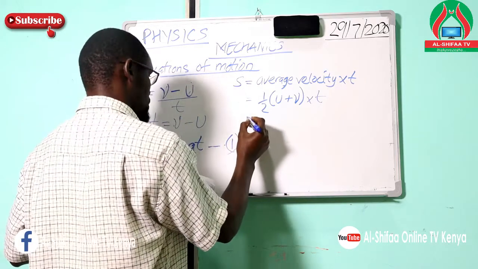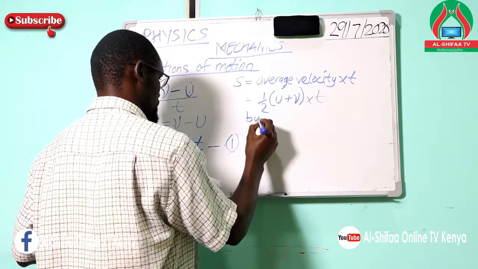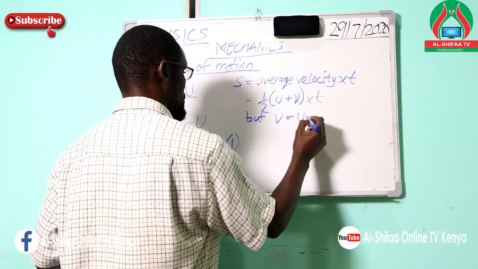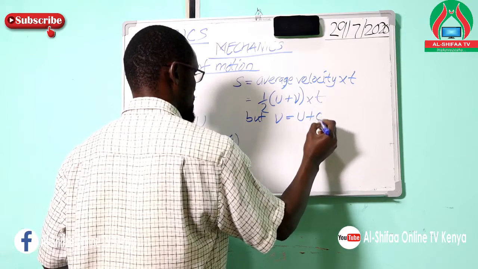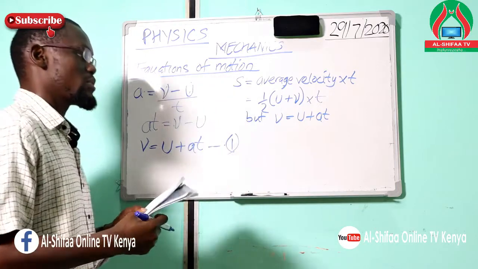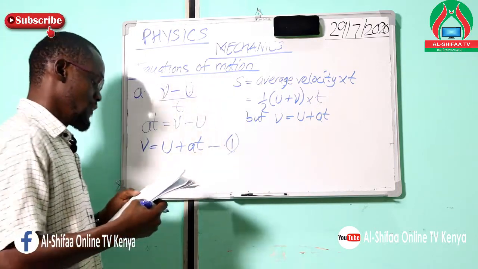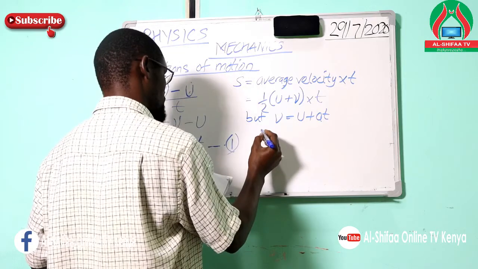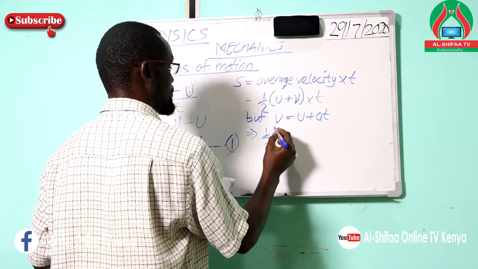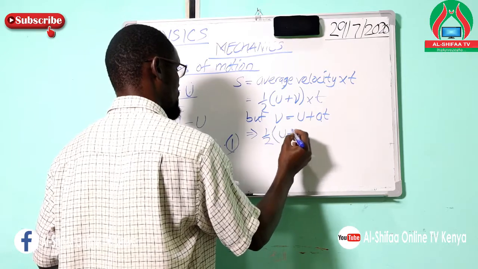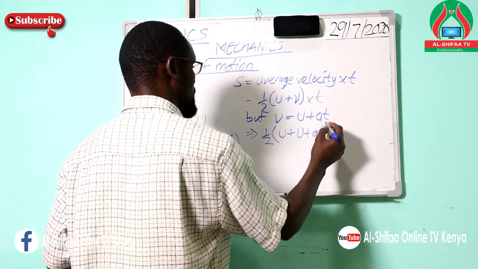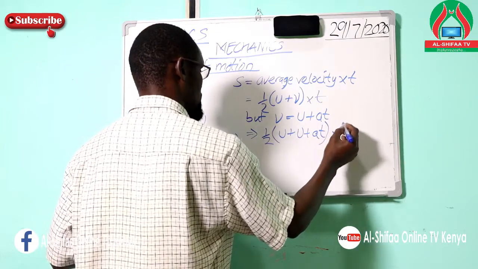But from our first equation, we know that v is equal to u plus at. So replacing v, we get a half into bracket u plus u plus at, times t.